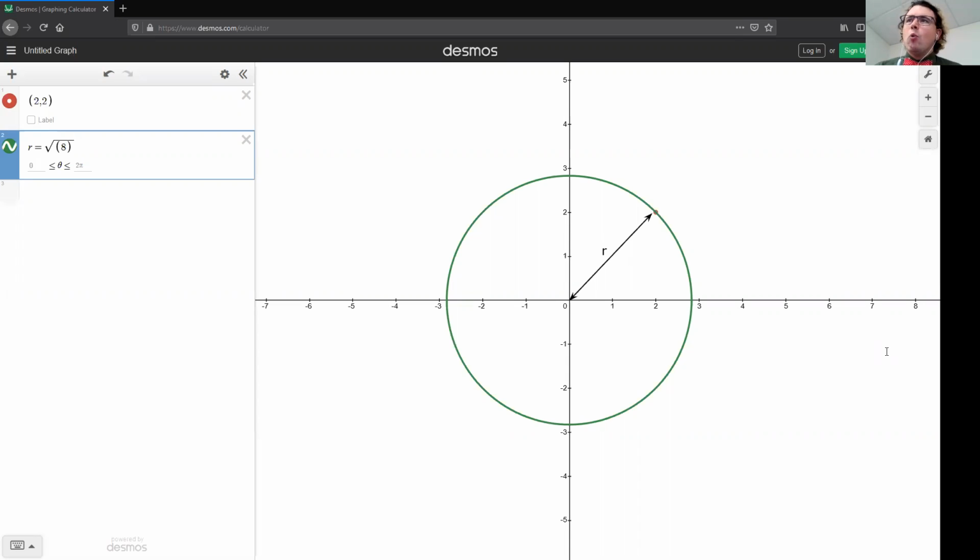I'd like to know what direction away from the origin I'm supposed to be. And for that, I need to measure the angle that this ray makes with the positive x-axis. Why the positive x-axis? Well, I'm already used to measuring angles starting at the positive x-axis and working counterclockwise.